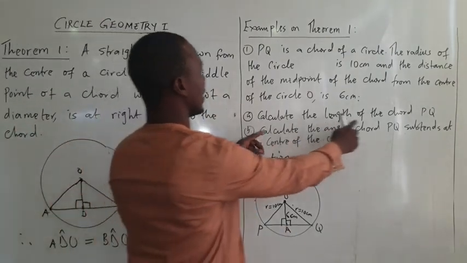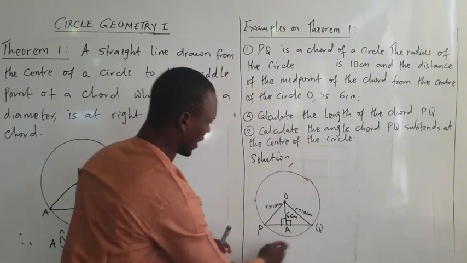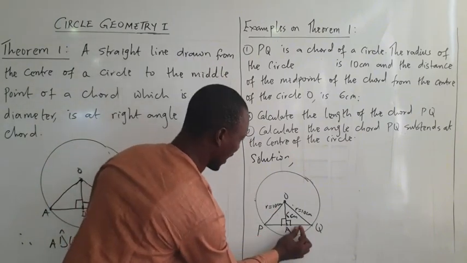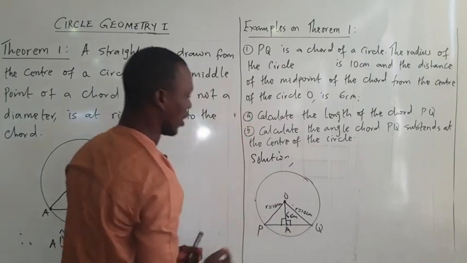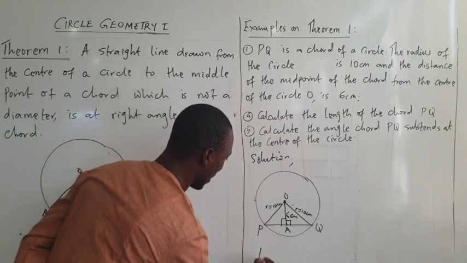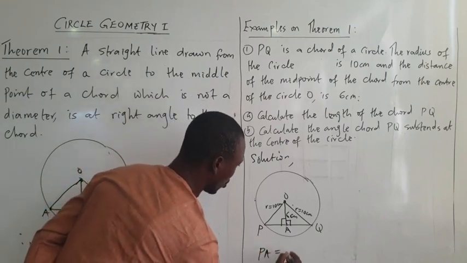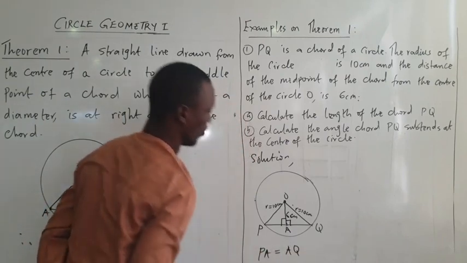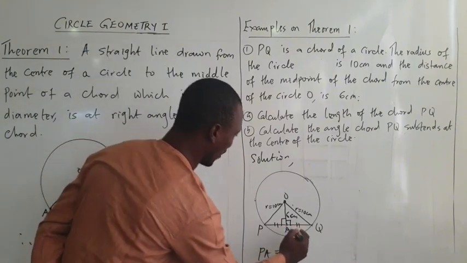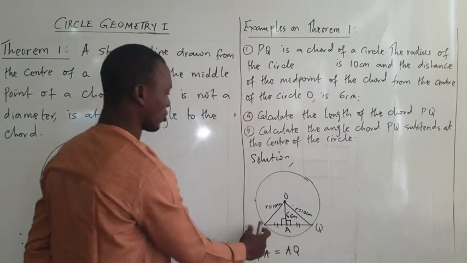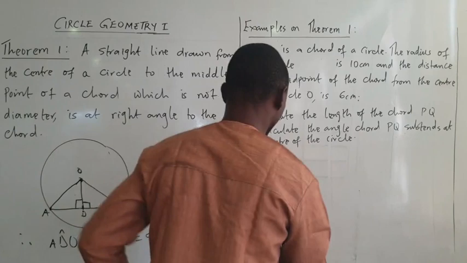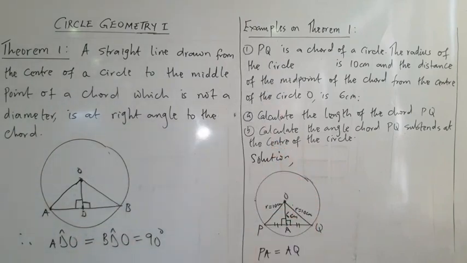So to now get the length of the chord, we cannot just get the total length of the chord like this using Theorem 1. You just need to get half of the chord, then the second half of the chord. According to Theorem 1, it means line PA equals line AQ. So whatever you get for AQ is what you are going to get for PA.